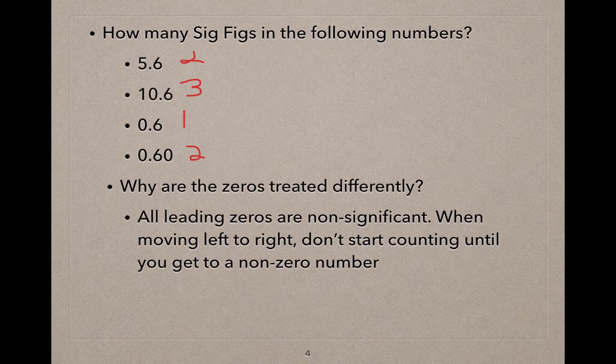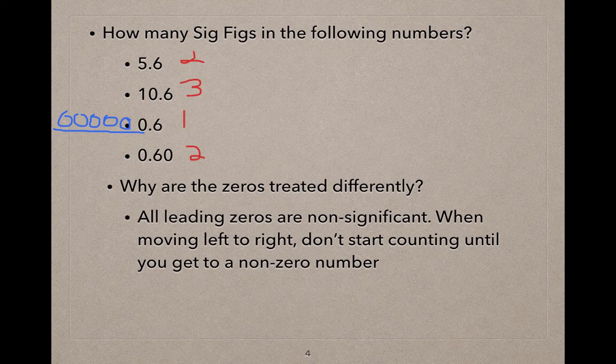So for example, that 0.6, we could write that number as just 0.6, and it doesn't change the value of the number or the accuracy of the measurement. If I'd wanted to, I could write a series of zeros out in front of that 0.6, and it doesn't change my measurement at all, nor does it change the number of significant values. These are all leading zeros, and so we don't count them as significant.